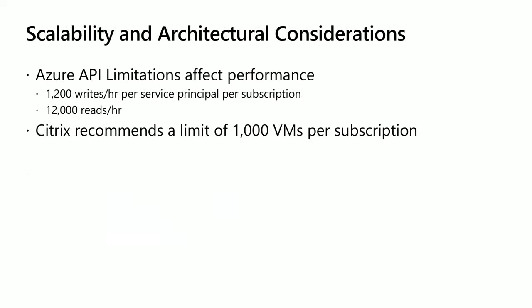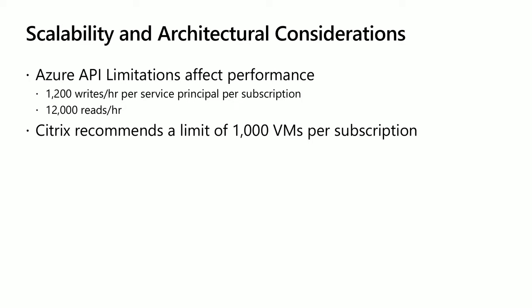On a high level, this is one of the scalability points I tell people. Azure today allows you 1,200 writes per identity per subscription, which means we delete and create VMs a lot. Part of it is to save you money. We delete even the disks, and we reprovision them on demand.